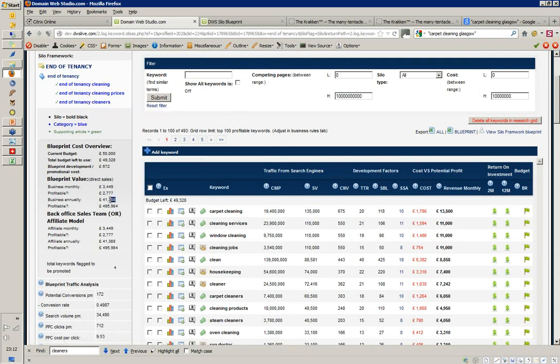And that business is going to make us £41,000 a year based on the conversions that we have mapped out and once we rank for these. So things are looking pretty good, and we've only selected 4 or 5 keywords.